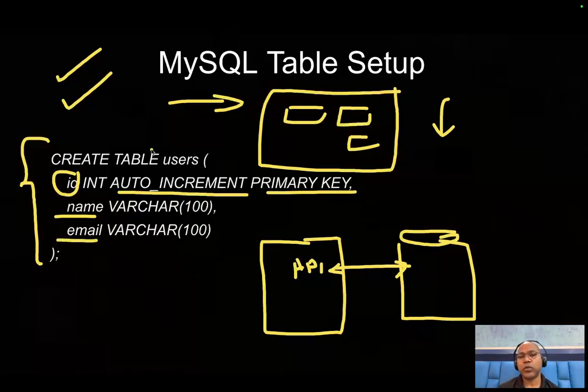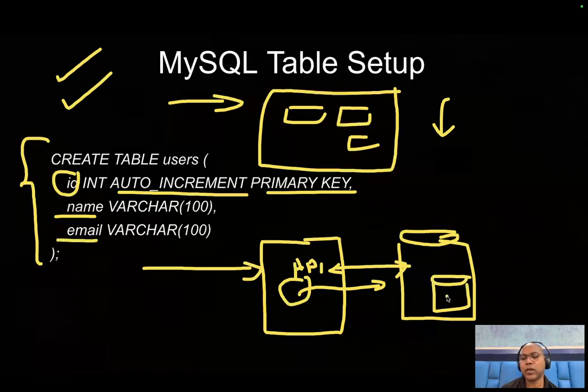So that if our client sends user details, our API receives them and sends the request to the database, where they are stored in the table.